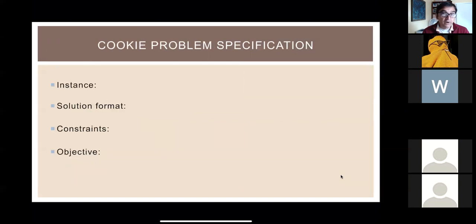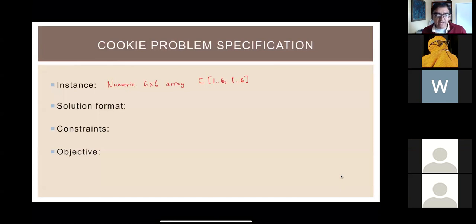So let's start by trying to write it in our standard template. The instance here consists of this 6x6 array of cookie sizes. So a numeric array, let's call it C, C[1 to 6, 1 to 6].